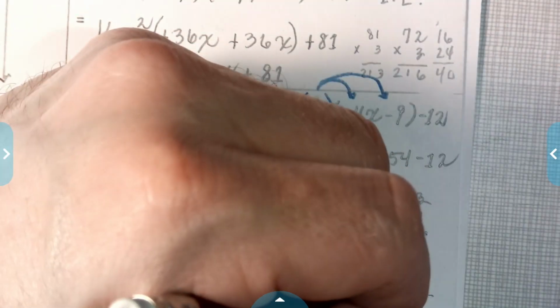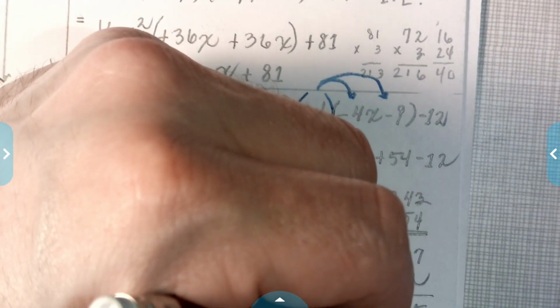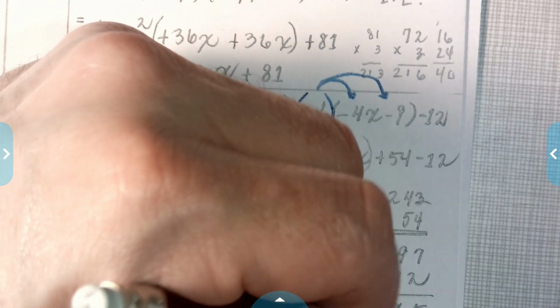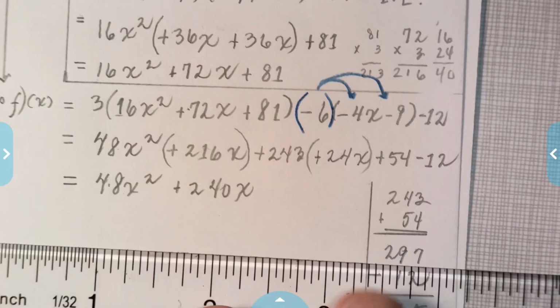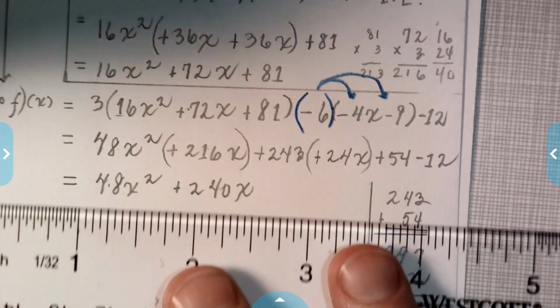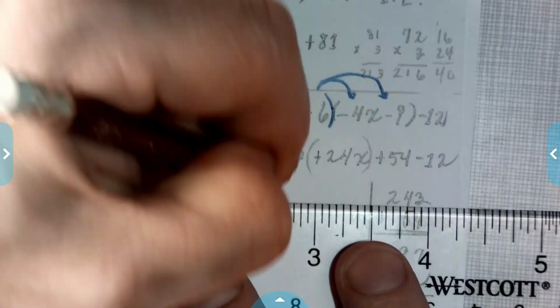That's going to be 297, and then subtract 12. And that would give me 285. So we have plus 285.